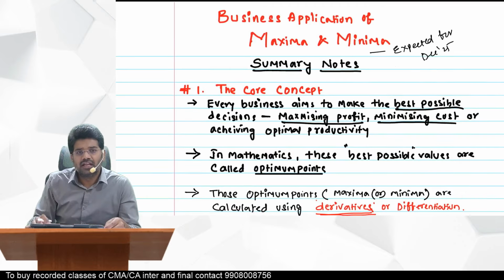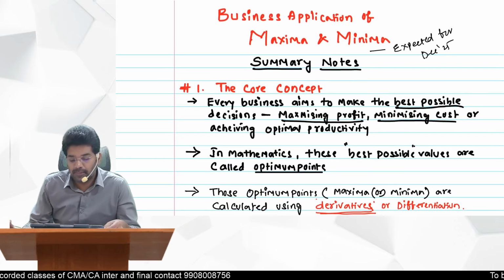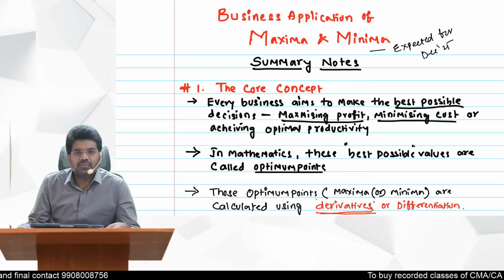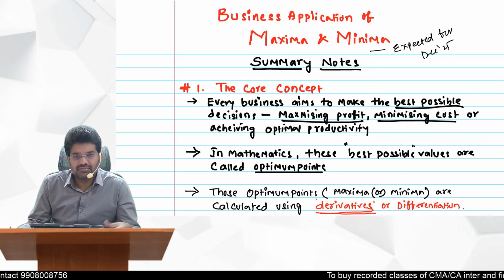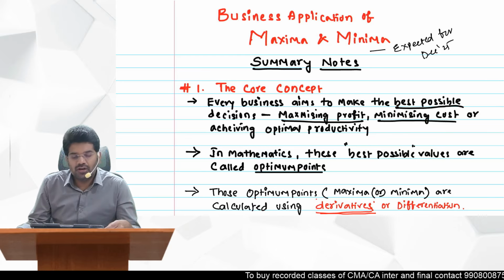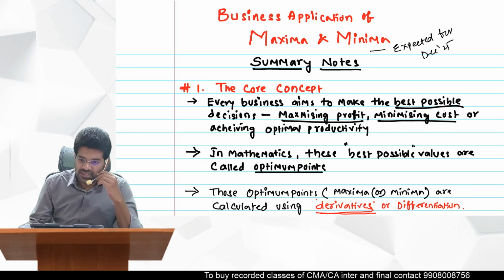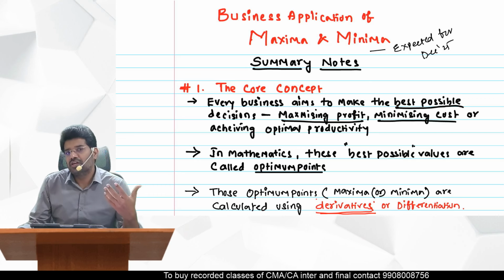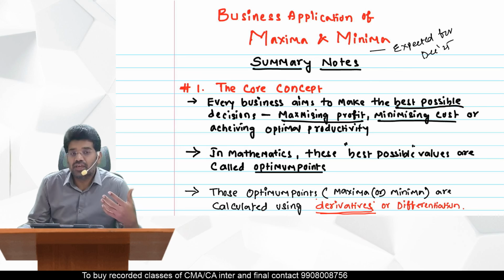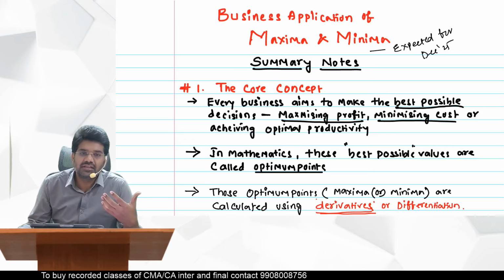Right, let's kick off with this concept. First, let us understand what exactly is maxima or minima. Maxima or minima just represents, as we have already seen in game theory also, maximization or minimization. In business, we all know that our main objective is to increase the profit of the company.